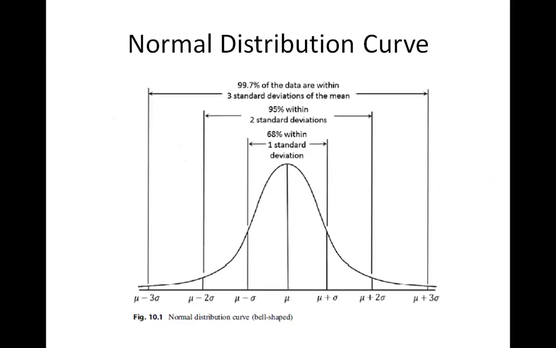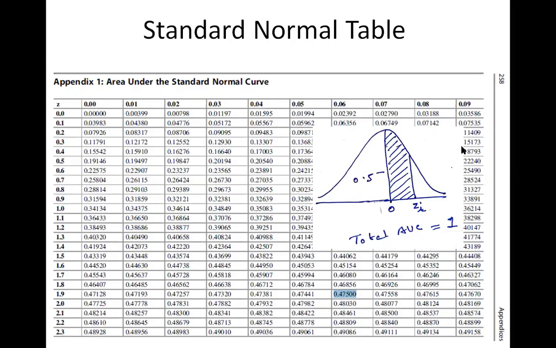Okay, so we need to go back to this table. In this table, the area under the curve on the left side of 1.33 was 0.408, and this was up till this 0. So this shaded area is 0.408. And before this 0, the area was 0.5. So you add 0.5 and 0.408, and you will get the total area on the left side of the Z score of 1.33.